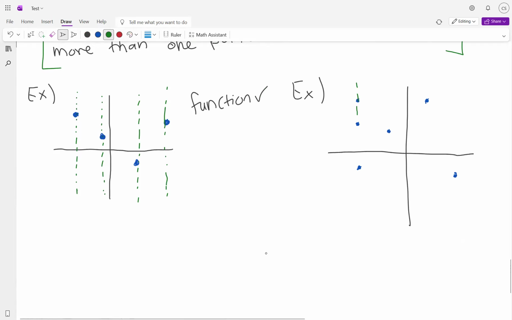This vertical line right here is intersecting 3 points. So it's definitely more than 1 point. So this one here is not a function. I'm just going to write not for this one. And it does not pass the vertical line test.